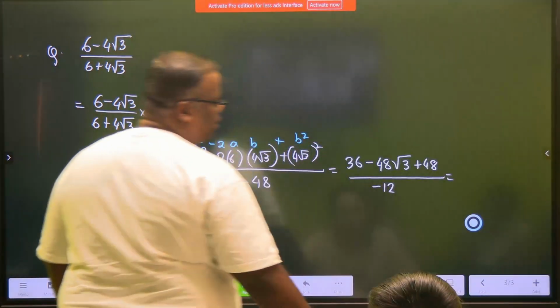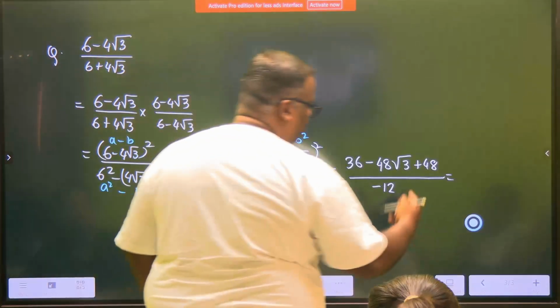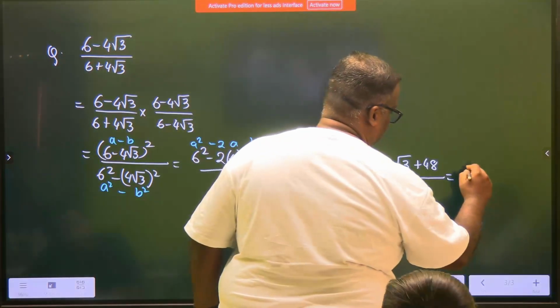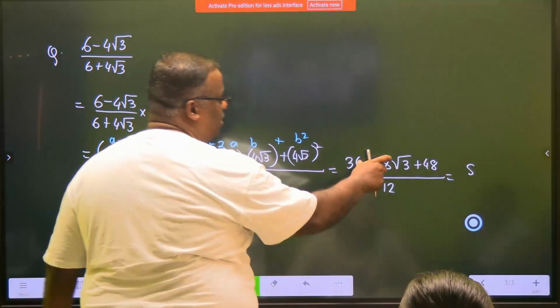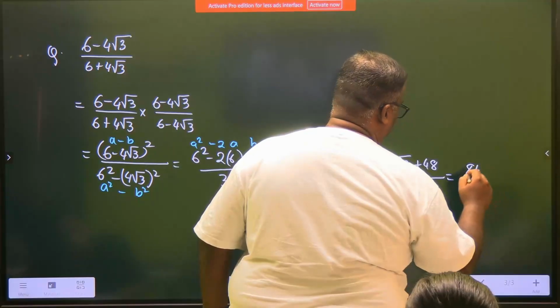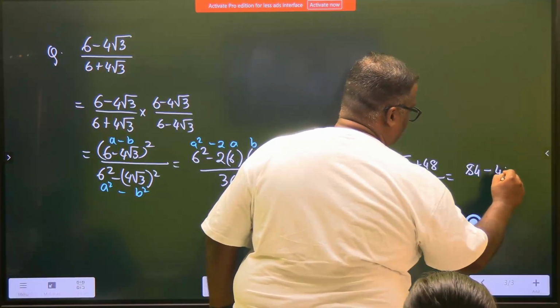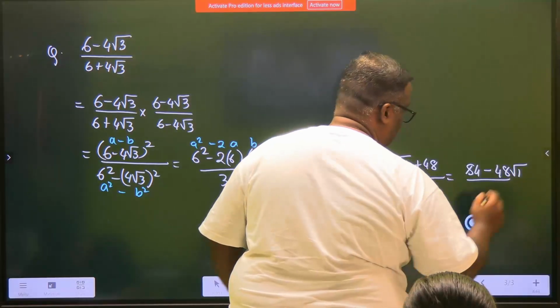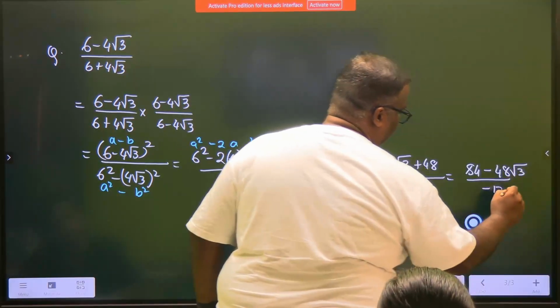And 36 and 48 gives 84. Even and even cannot be 83. 84 minus 48 root 3, divided by negative 12.